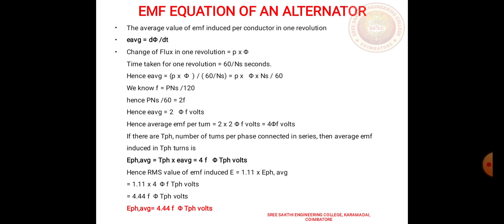Hence average EMF per turn is 2 into 2φf volt, which is equal to 4φf volt. Average EMF induced in T phase turns is E phase average is equal to T phase into e average, which is equal to 4fφT phase volt. RMS value of induced EMF E is calculated by multiplying the average E phase voltage by 1.11, which will give us 4.44fφT phase volt. This equation is called the EMF equation of an alternator.